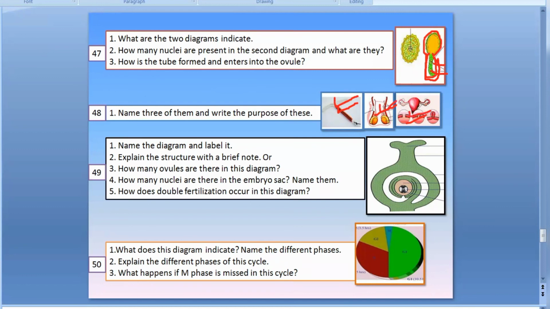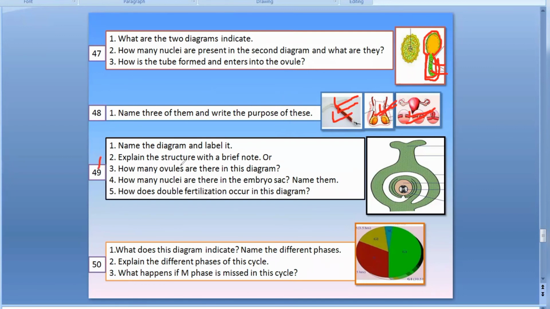These are the methods to prevent pregnancy. These three instruments are used as birth control methods. I already explained these three instruments to you; once again I'm explaining: the first one is the loop, then the vasectomy and the tubectomy. These are the methods used in birth control.